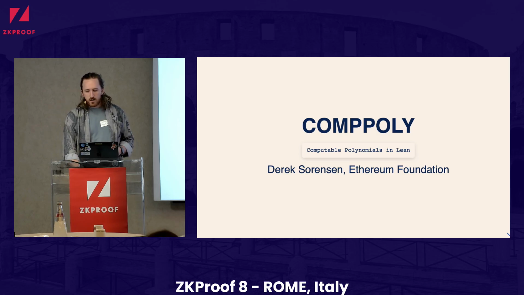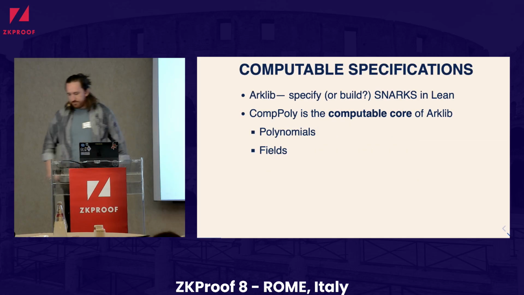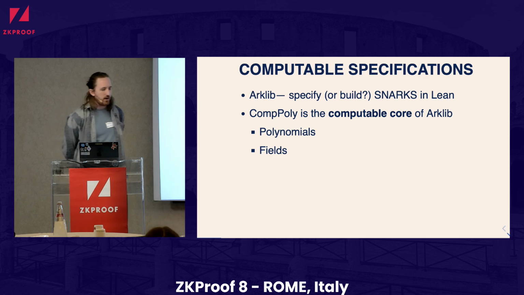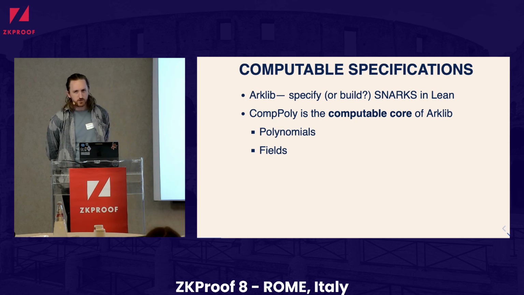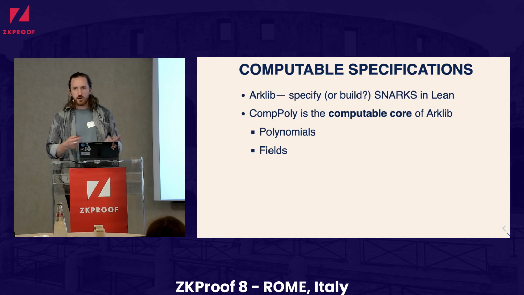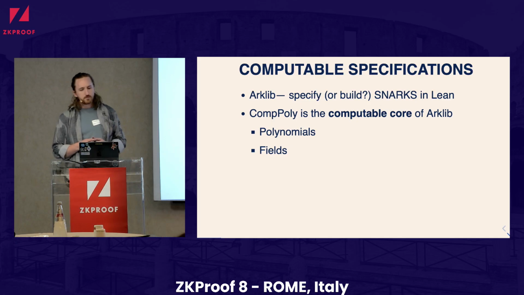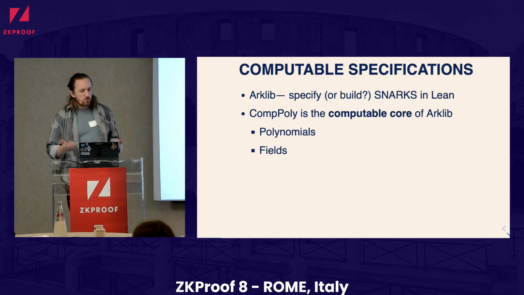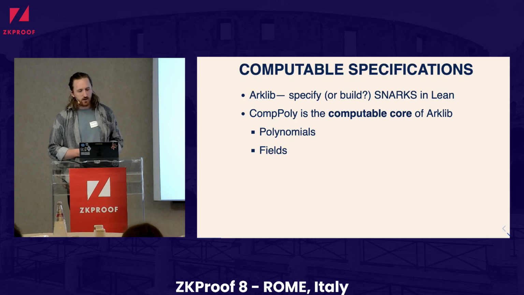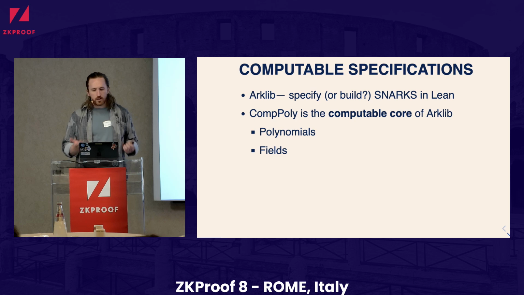ArkLib is primarily right now a specification framework for SNARKs in Lean, but because Lean is both a proof language and an actual functional programming language, the difference between specs and programs can be a little bit blurred. So we're asking the question, can ArkLib be an effort to build proof systems and SNARKs in Lean? The computable core of all of that effort is CompPoly.